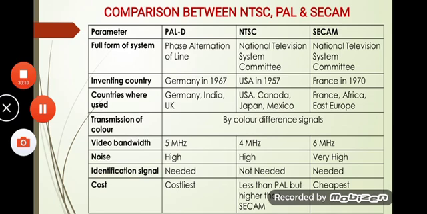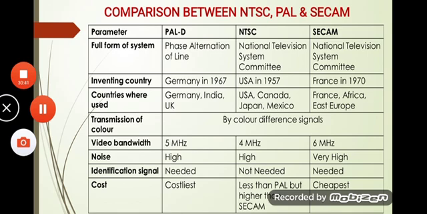NTSC is National Television System Committee, obviously in the United States, and SECAM, okay, it is wrongly printed, it is actually sequential memory. Now, the countries where they are used: PAL is used in Germany, India, UK. NTSC is in USA, Canada, Japan, Mexico, and SECAM is in France, Africa, and certain Eastern Europe.